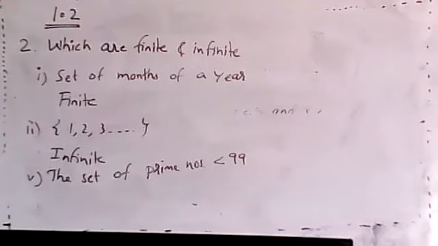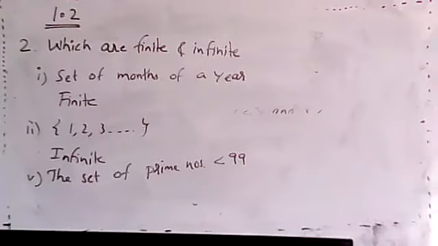No, no, no. Okay, tell me then. We have to find all those prime numbers which are less than 99. Is it possible or not possible? If possible, is it possible to write all those?